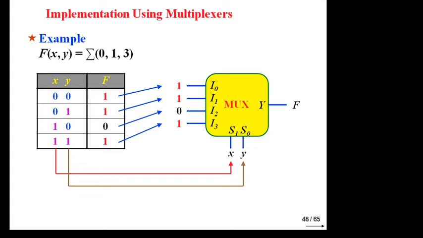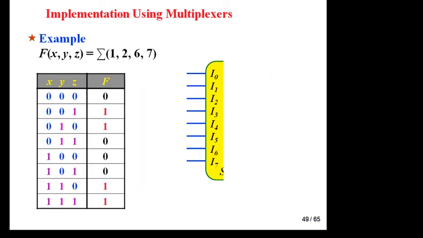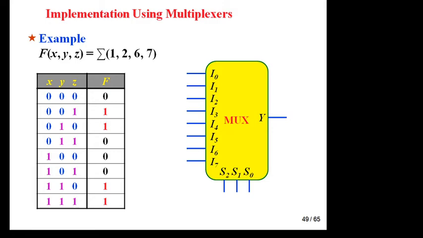In this way you can implement any Boolean function by using a multiplexer. If maxterms are given in the question, first change them into minterms, because you are getting the output in SOP form, not POS.